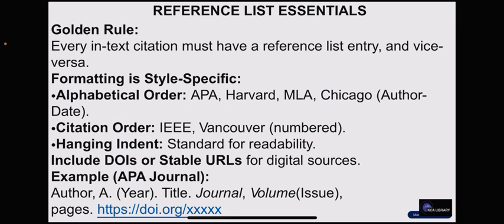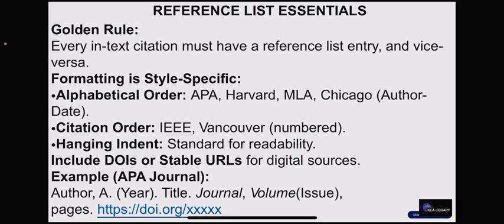So let's move on to reference list essentials. So this is about the golden rule, which states that every in-text citation must have a reference list entry, and vice versa. So formatting is style specific. It is arranged in alphabetical order, be it APA, Harvard, MLA, Chicago, author-date.